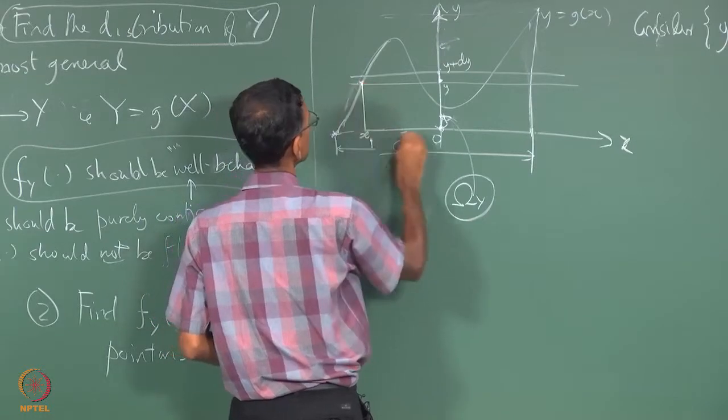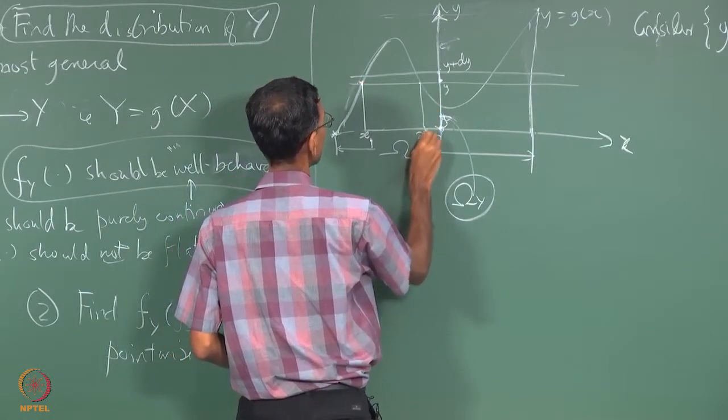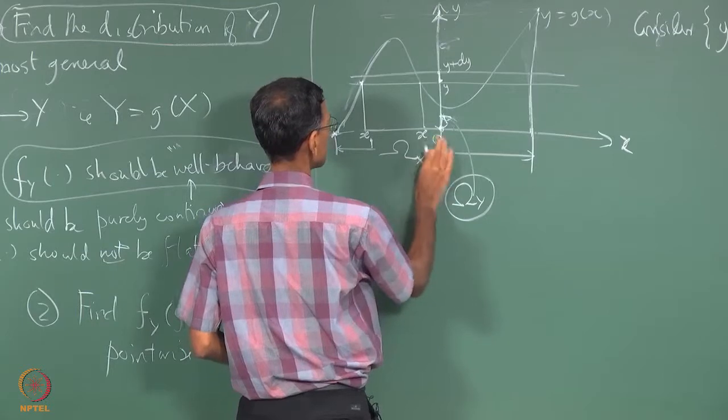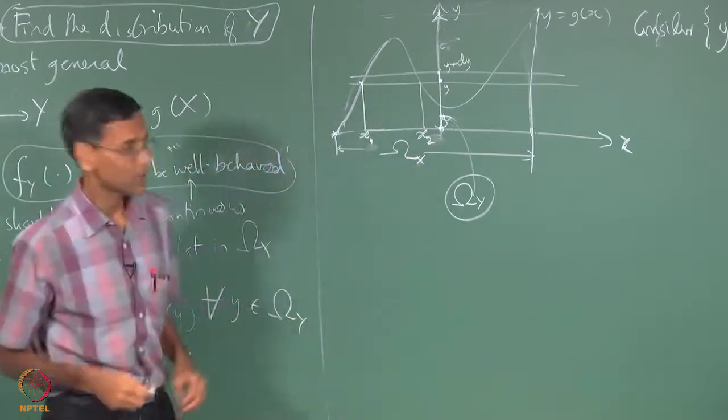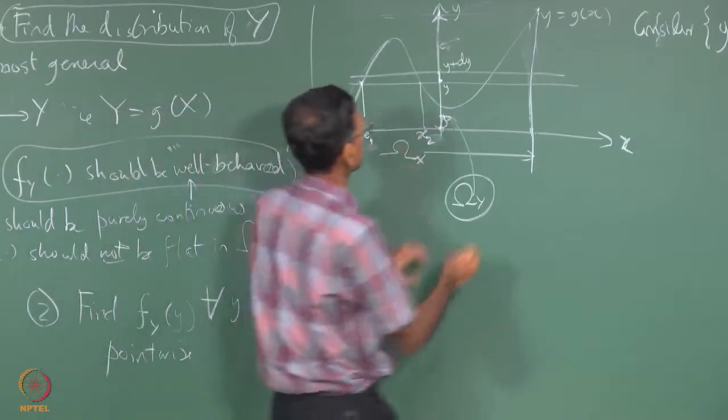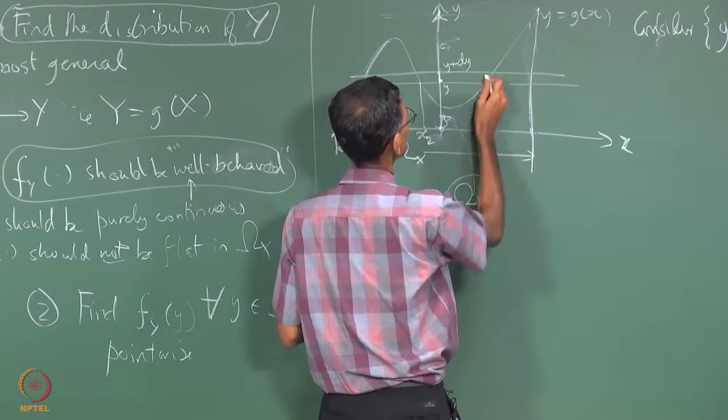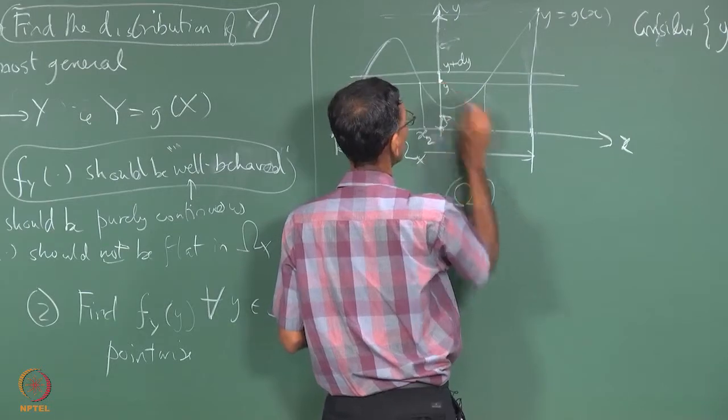So this is a root, this is a root, x1, x2, unfortunately this omega x comes in the way, but I think I can write it without too much clutter: x1, x2, x3. I have 3 roots for this particular value of y.